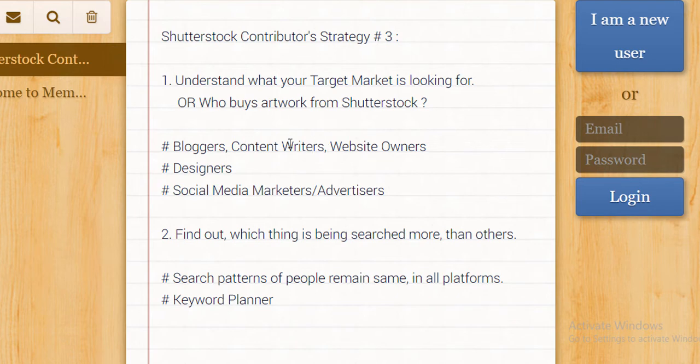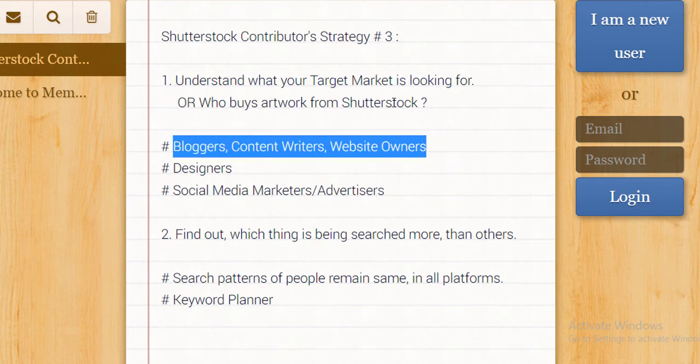All these articles that are written each day, the people who are publishing them on their websites or blogs need images for those articles. So all those people come to websites like Shutterstock or Adobe Stock or some other websites, and they search for something which is close to their article, and then they buy that. So this is one category, and it's a huge category.